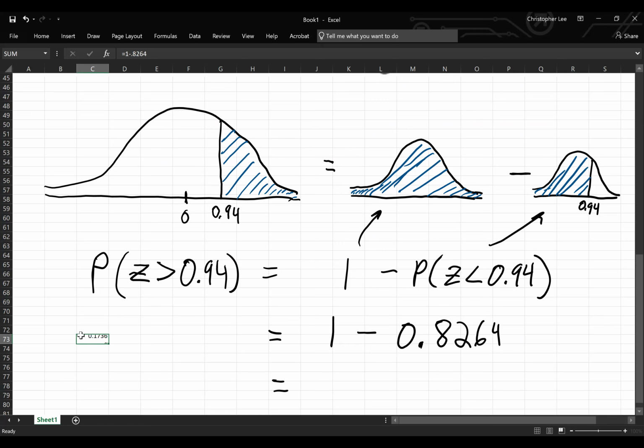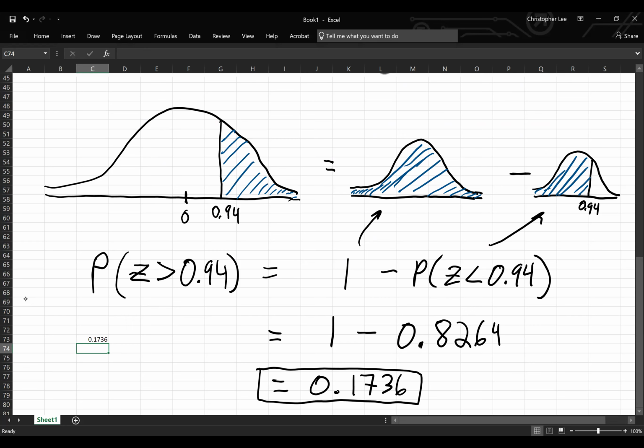I'm writing it down. You could write it with the zero. Yeah, I like to have the zero. But if you just wrote .1736, it's fine, right?